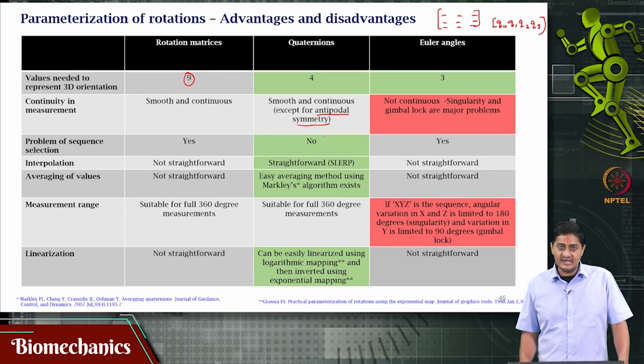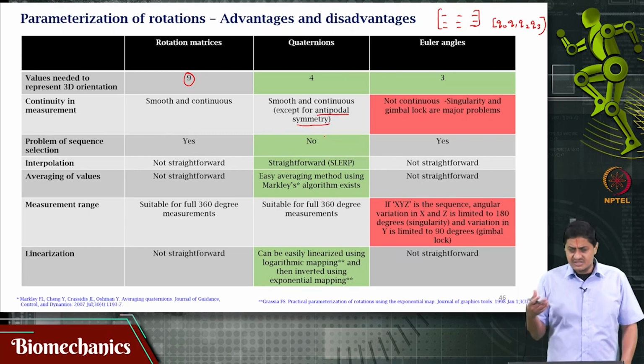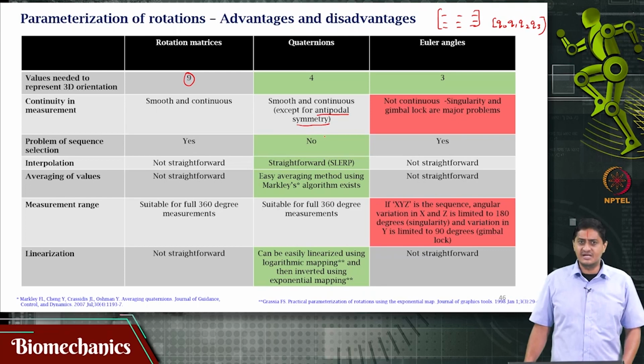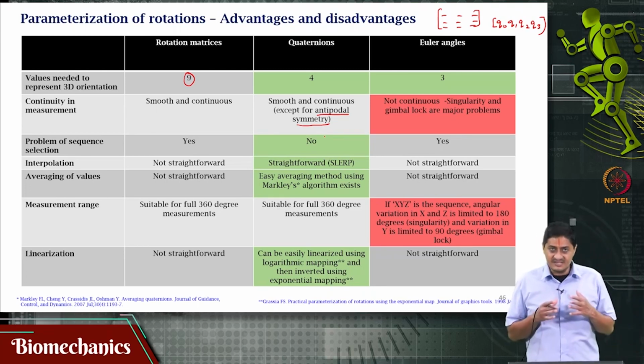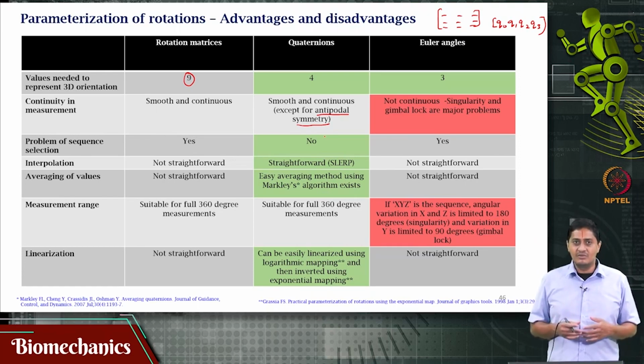You need to choose your sequence such that you get the maximum possible reliability in your measurements and minimal chances of Gimbal lock, sequencing, or singularity type of errors. These are serious errors that cannot be corrected by software. This is an experimental measurement artifact that you cannot overcome by using some algorithm. It is impossible to do that. So, you need to measure carefully when you do that.